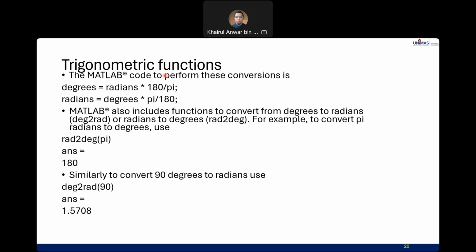To convert radians to degrees or degrees to radians, we need to take advantage of the fact that pi radians equal 180 degrees. So you can convert radians to degrees using this calculation.